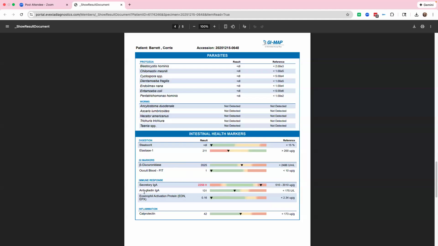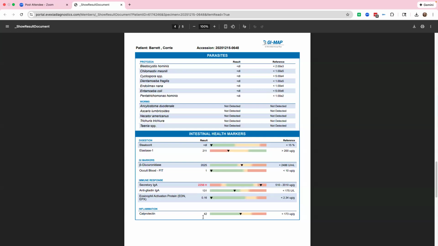The other markers, anti-gliadin IgA, is normal, so this doesn't say that you're highly reactive to gluten. This is low to normal, so that's good. Calprotectin is right here on borderline, so whatever we have been doing has probably kept that at bay.